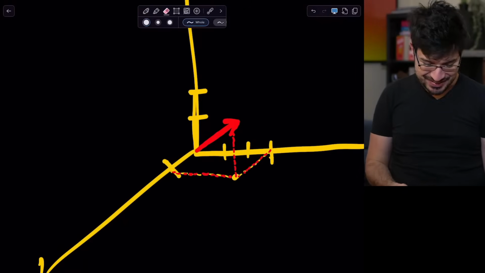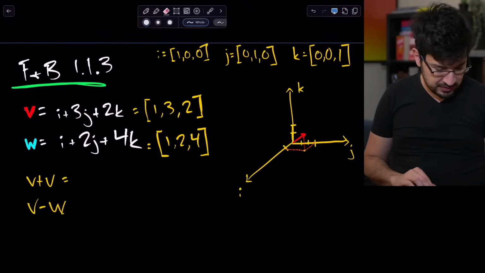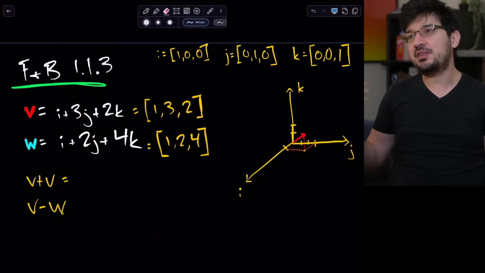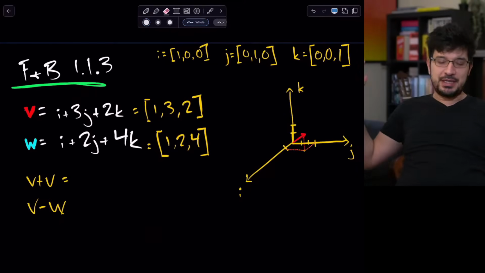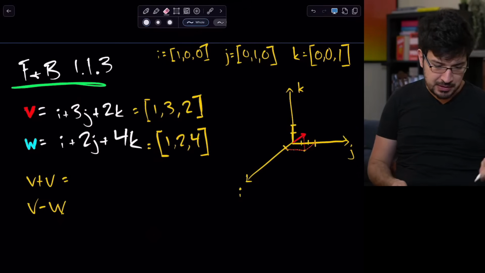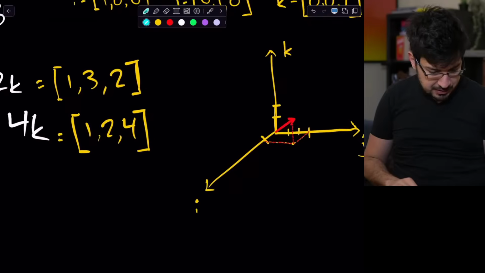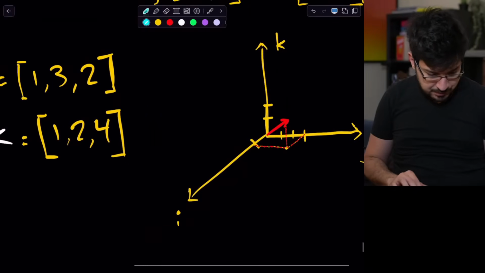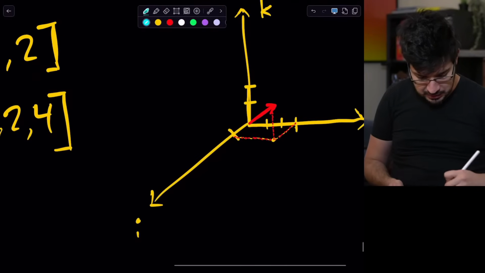Good to see you, man. All right, so this is the third problem, and we're already sketching in three-dimensional space, in R3. That's pretty freaking cool, I think, for an intro book. It's so much nicer than Strang, in my opinion. Hot take, I know.